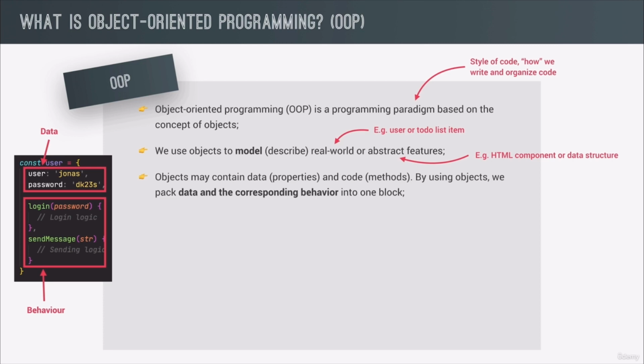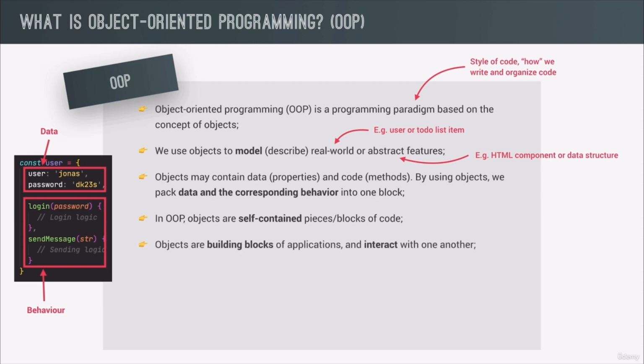So in OOP, which is the acronym that I'm going to use instead of object-oriented programming, objects are self-contained pieces of code or blocks of code, like small applications on their own. And we then use these objects as building blocks of our applications and make objects interact with one another.